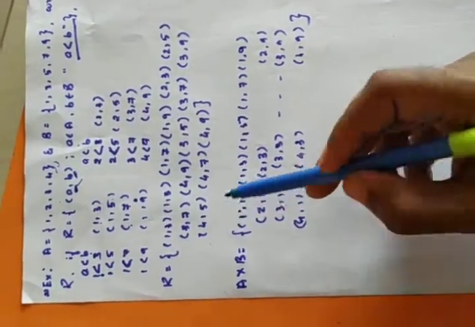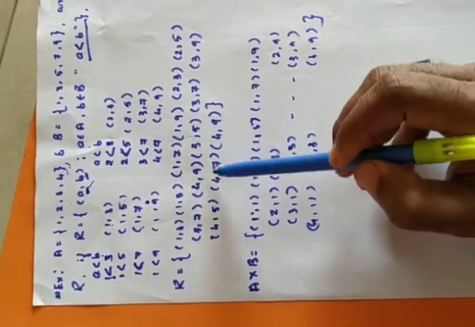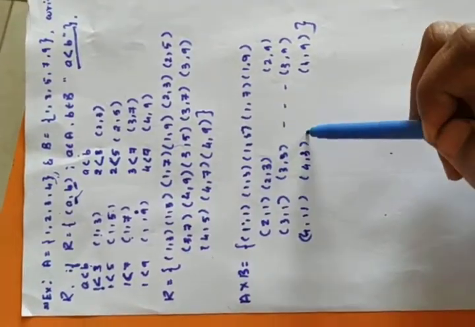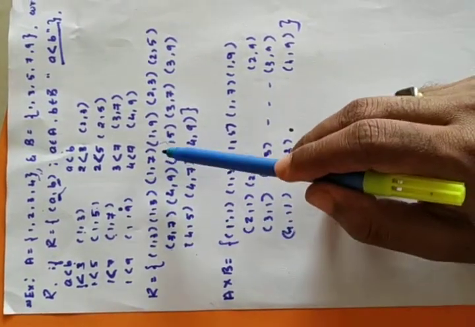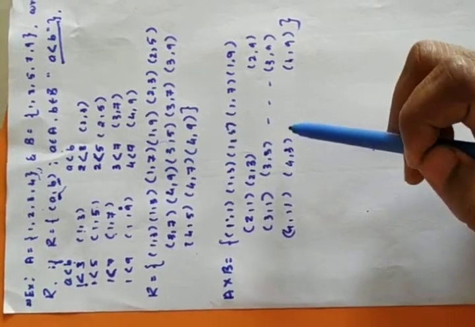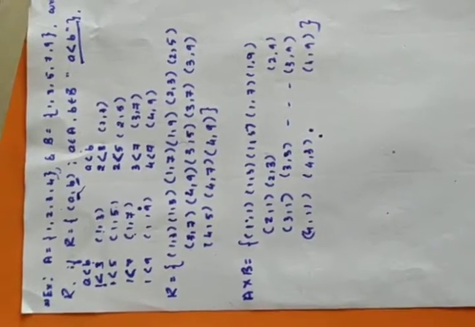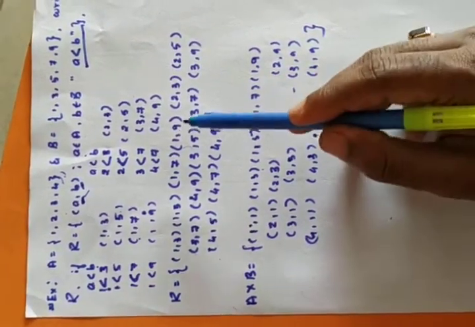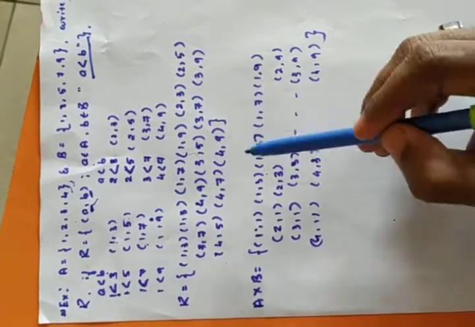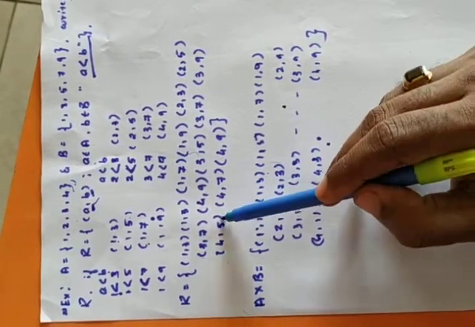So look here, whether the ordered pairs of the relation R are present in this A into B or not. Is each and every element of R present in A into B? Look here, 1 comma 3 is present. Yes. 1 comma 5 is there. Yes. 1 comma 7 is there. Yes. 1 comma 9 is there. Yes. 2 comma 3 is there. 2 comma 5 is also there. 3 comma 7 is there.